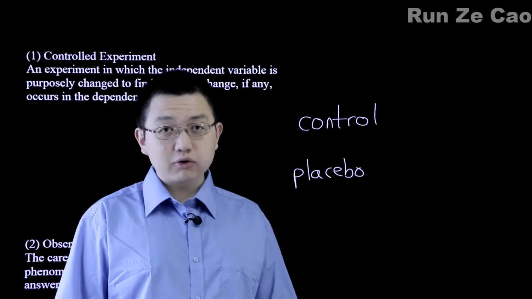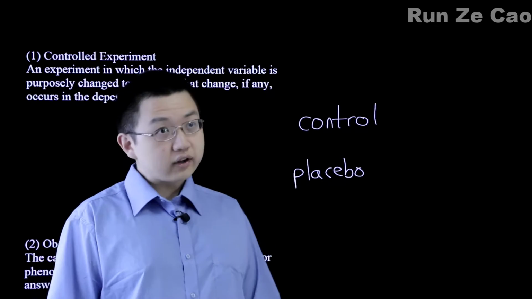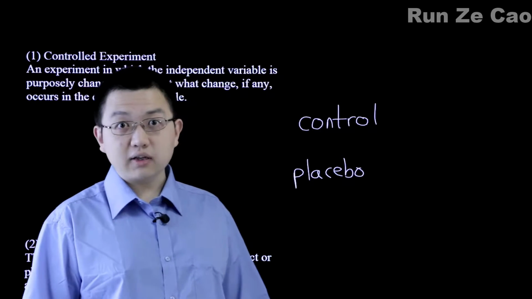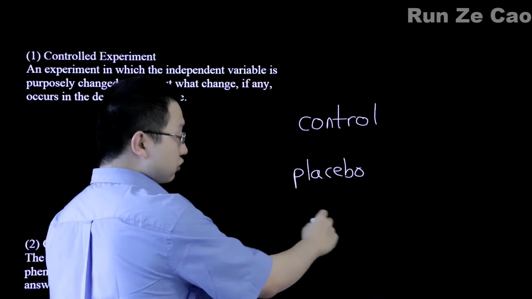Actually, it is possible to think yourself into having the flu or having the cold. So it's not that unreasonable that they should test for a placebo group. And then there's the actual treatment group.